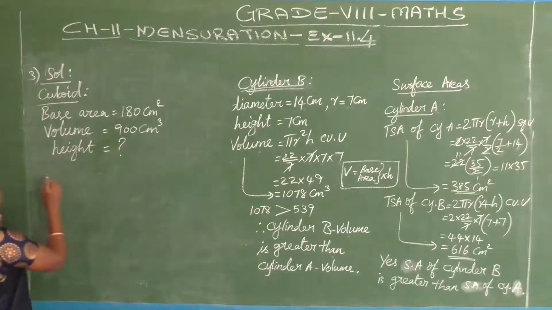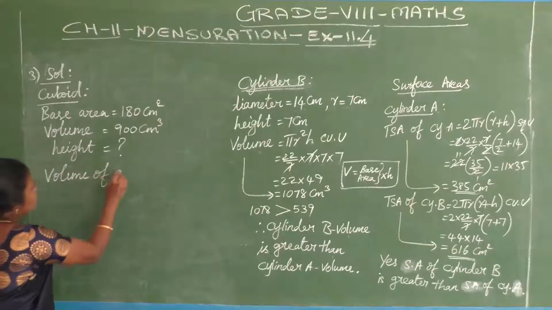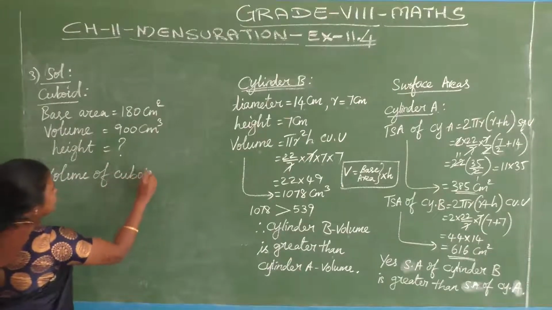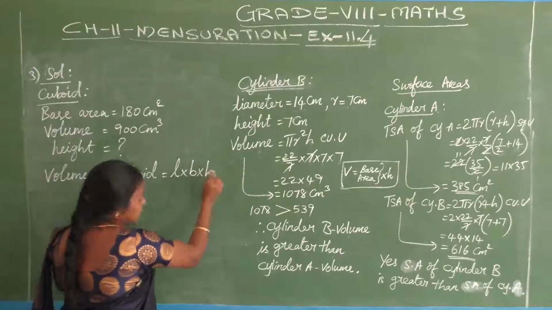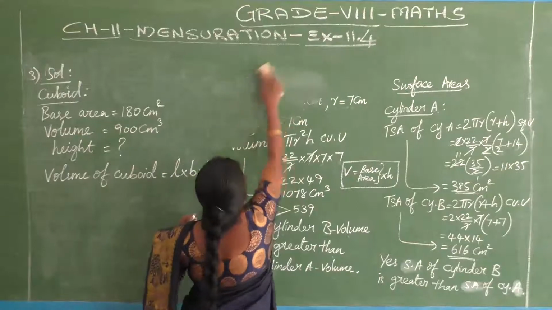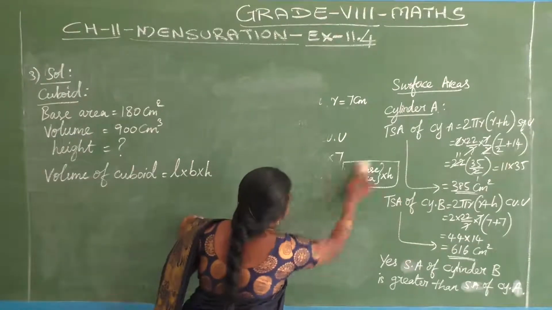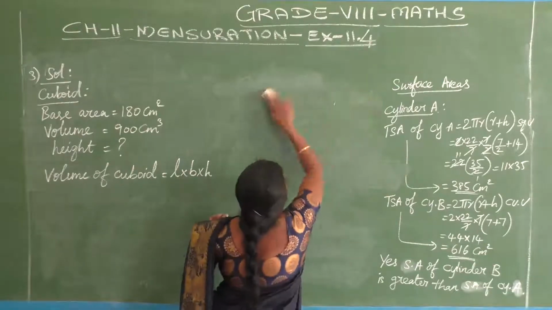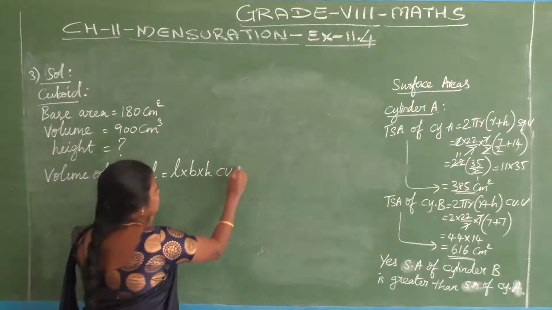Understood? So the volume of the cuboid equals L into B into H cubic units.